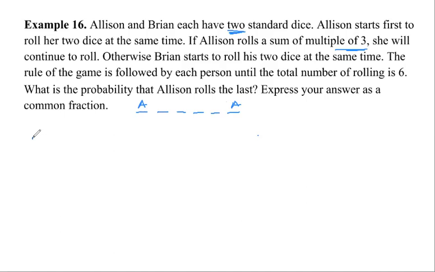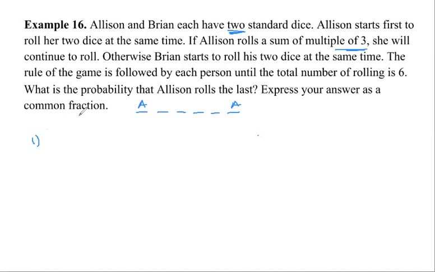I want to take that as one case. We have 6 rolls. We already did the first roll, so we need 5 more. If the previous roll, Allison's roll, is winning, then the next one is still Allison.